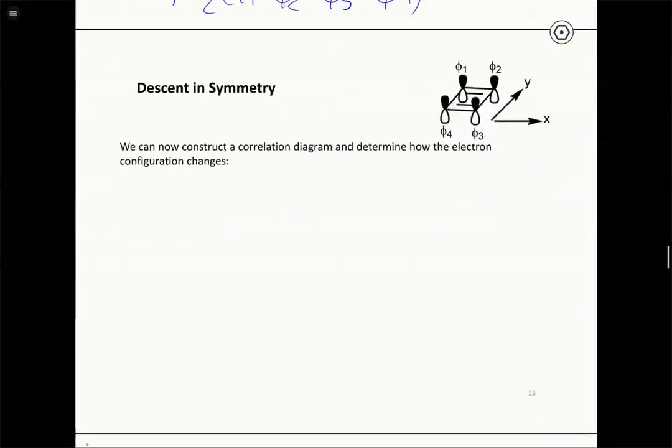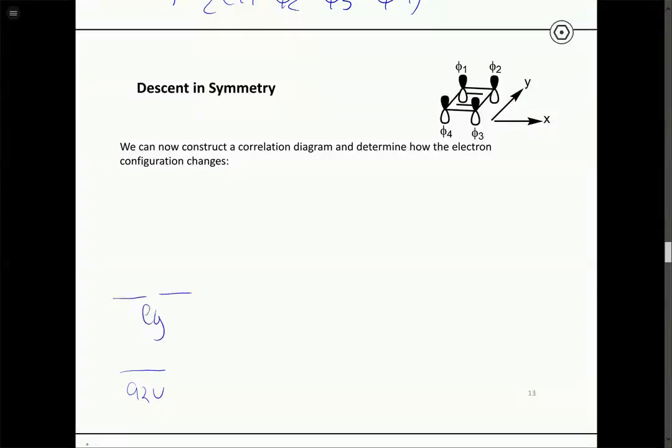So then finally we can construct a correlation diagram between the 2 point groups. We saw that in the D4H point group we had an A2U SALC, we had an EG, a set of degenerates, and then we had a B2U.